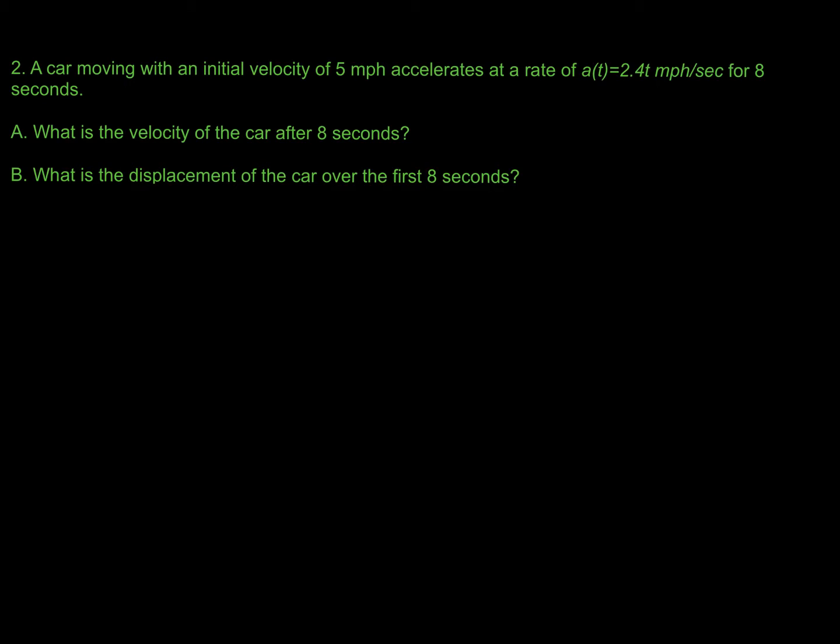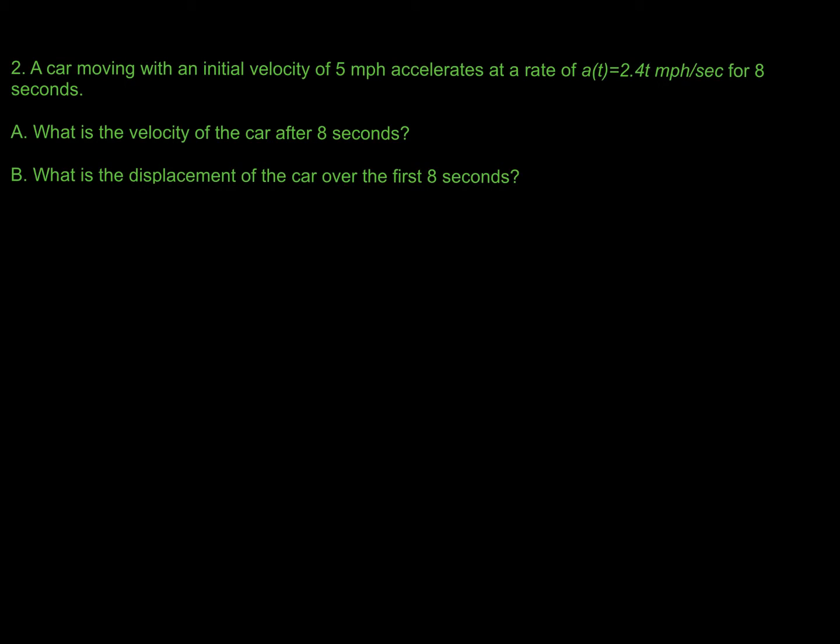All right, hopefully that went well. Let's think about the velocity of the car after 8 seconds. So we know the velocity of the car at the start, 5 miles per hour. Now, how could we find how much the velocity has changed from 0 seconds to 8 seconds? Well, we know that we can interpret the definite integral of a rate of change over some time interval as the amount that that quantity has changed.